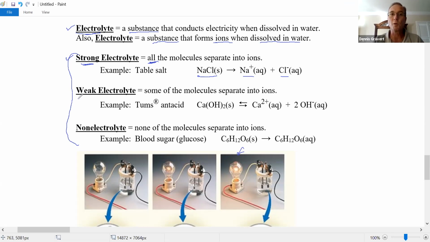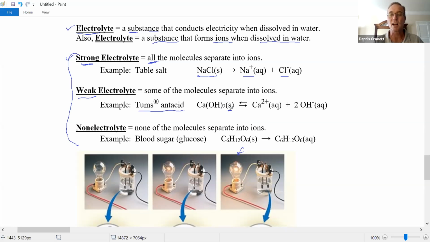Oh, excuse me, a weak electrolyte is something that does not completely separate into ions. So if you take a Tums antacid, drop it into a cup of water before you drink it or eat it, if you have an upset stomach, too much acid, you want to do a neutralization reaction. Turns out that calcium hydroxide is not very water soluble.